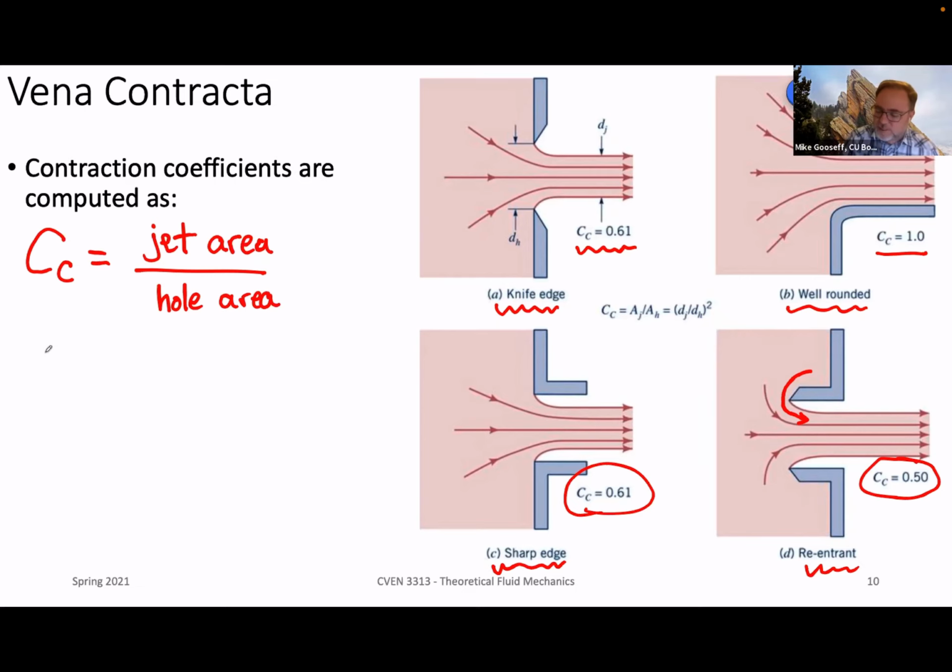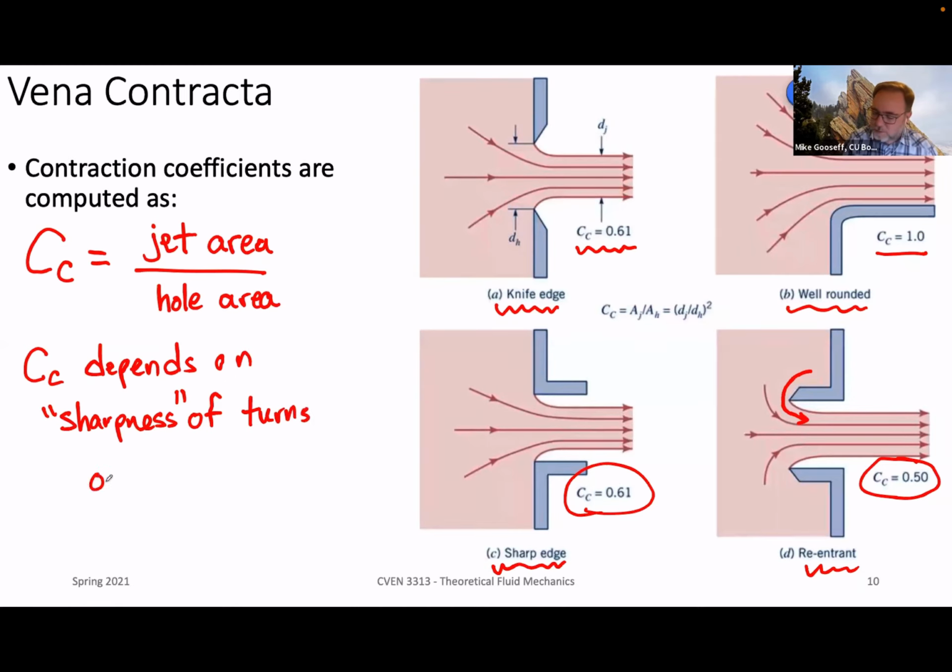So C sub C ultimately depends on what we might call the sharpness of turns or openings, which I hope is the lesson you learned from us going through these 4 examples on the right-hand side.